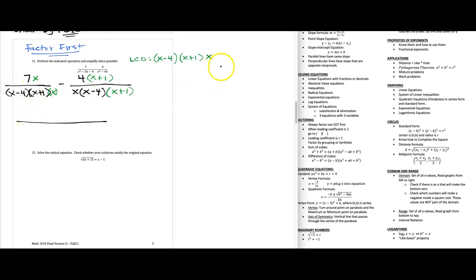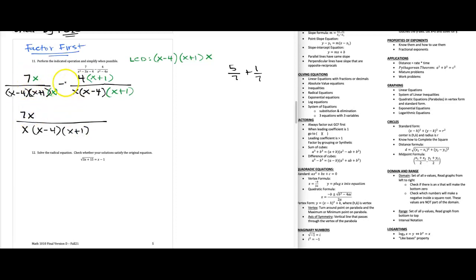Remember, whenever you're adding fractions together, they have to have a common denominator. These are now common, so I can now combine those together, either add or subtract them. And this one is telling us to subtract. But on the bottom, I'm going to have x times x minus 4 times x plus 1. And then on the top, I have 7x.